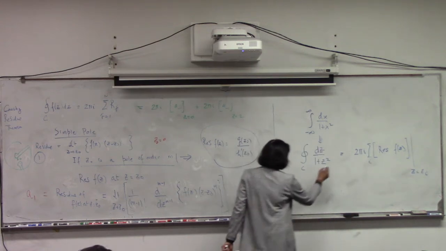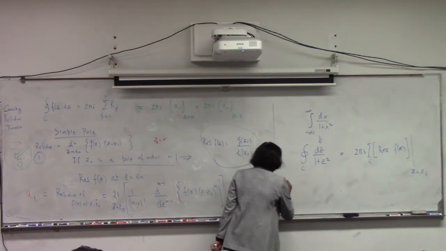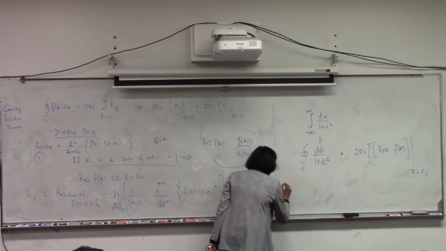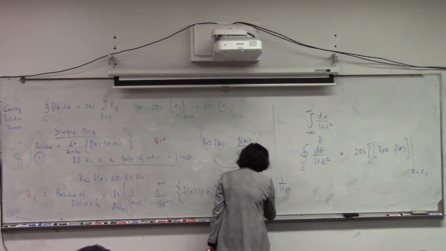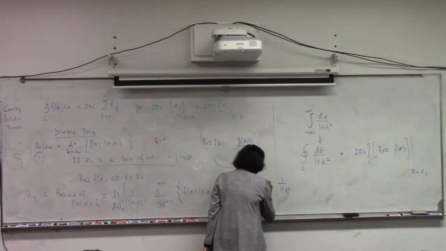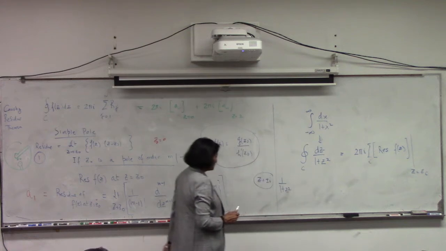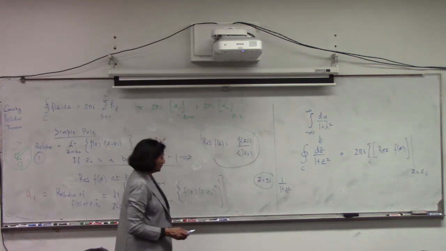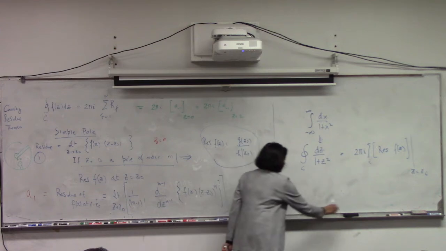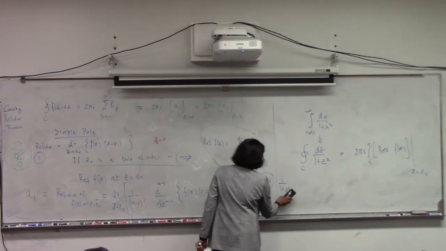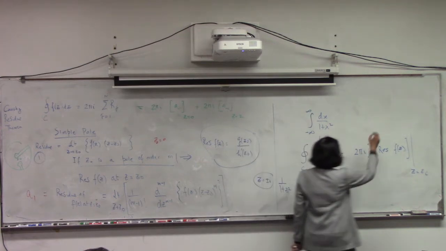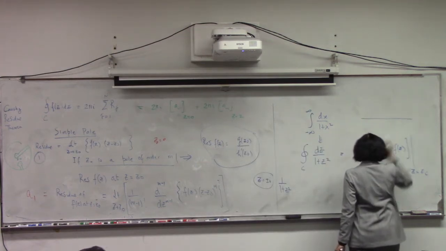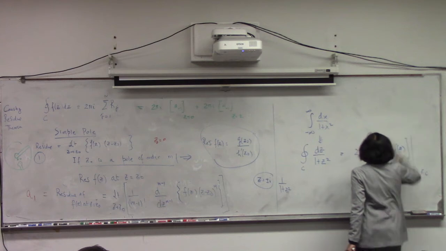Now, first, the integrand you have to analyze. The integrand is f of z, 1 over 1 plus z squared. So it has poles at what? z equal to plus or minus i, right? So I can think of a contour like this for this problem.